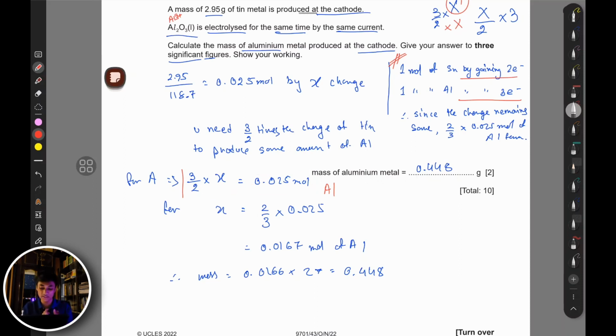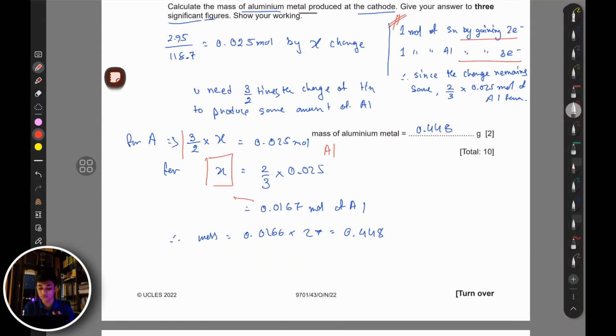Now what you can do is, for the same charge, how many moles will be produced? Simply take 2 to the other side, 3 to the other side, and calculate, and you're going to see the amount of moles for the same amount of charge is going to be 0.0167. 0.0167 moles of aluminum is going to be produced for the same amount of charge.